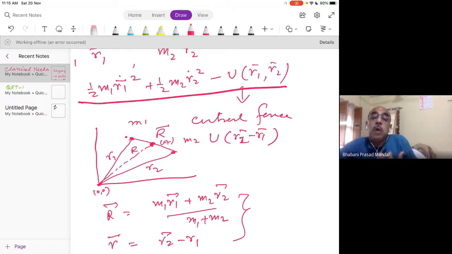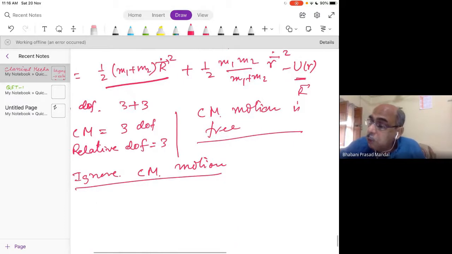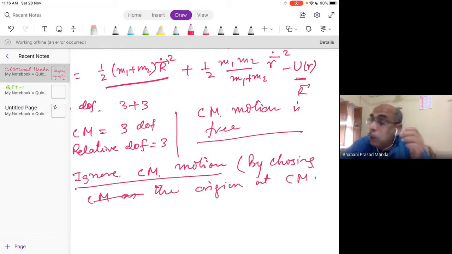Now whether you are moving freely or you are at rest, doesn't matter, right? So both are inertial frames. Okay. So you ignore this by choosing center of mass as the origin, or by choosing the origin at center of mass.